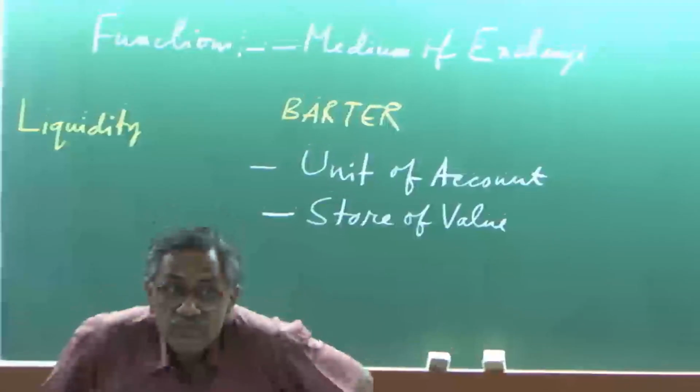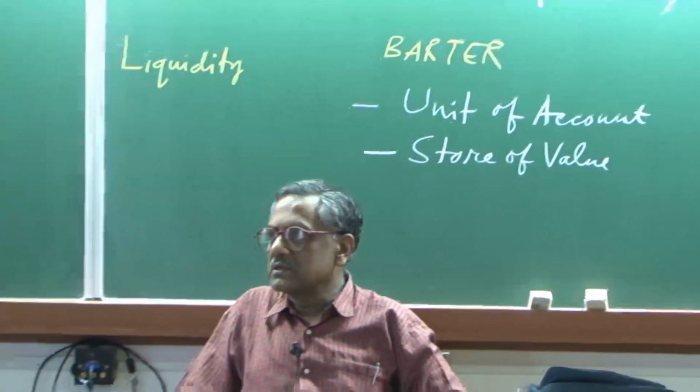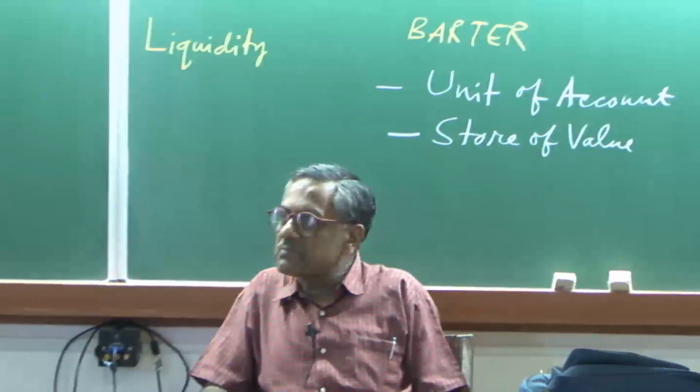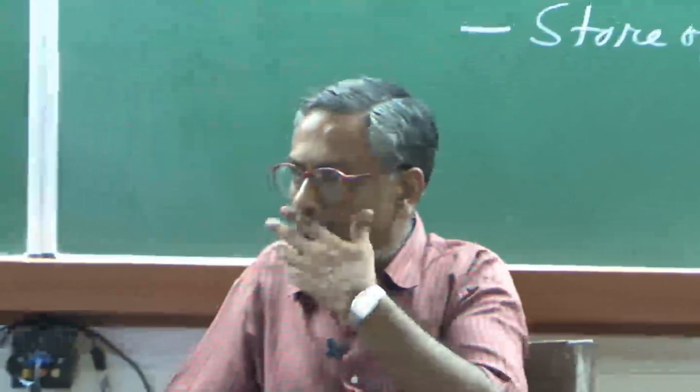Liquid means what? The most liquid is the currency that is in my pocket. I do not have to even go home to use it. I can readily buy whatever I want given the amount of currency I have. This is the most liquid form.